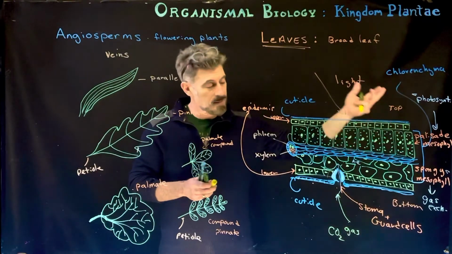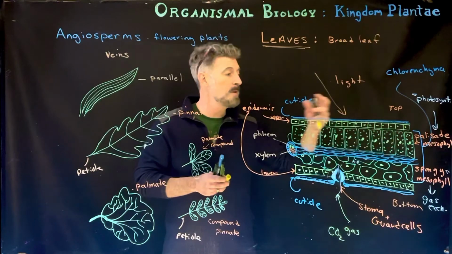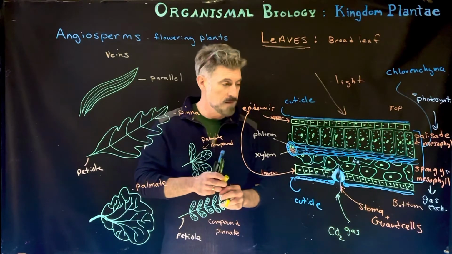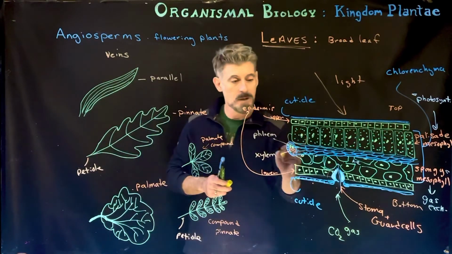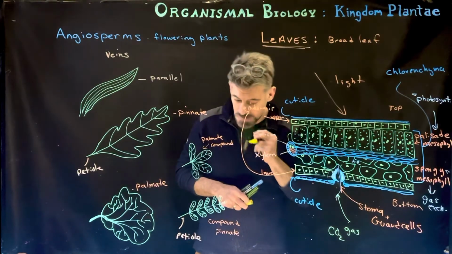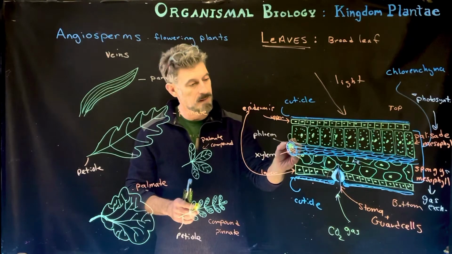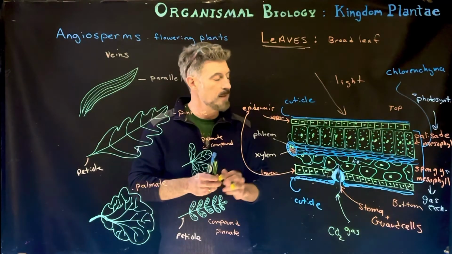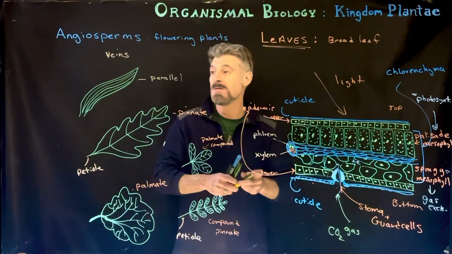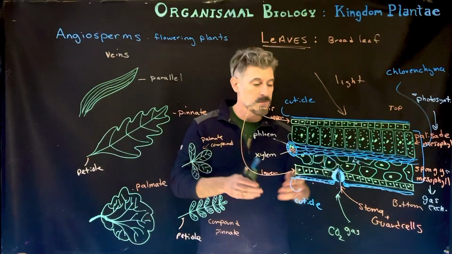And then they can move the nutrients and water through the rest of the sponge. So we have these vascular bundles here that have again the xylem and phloem inside them, running through the middle of the leaf, and those are the veins that are running through the leaves.